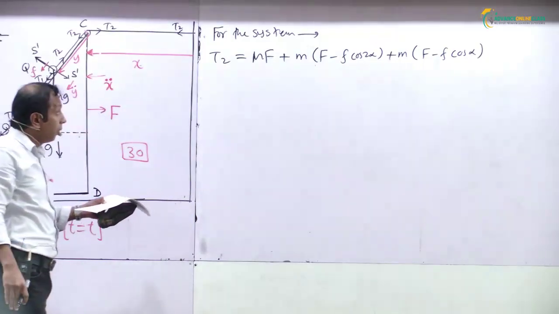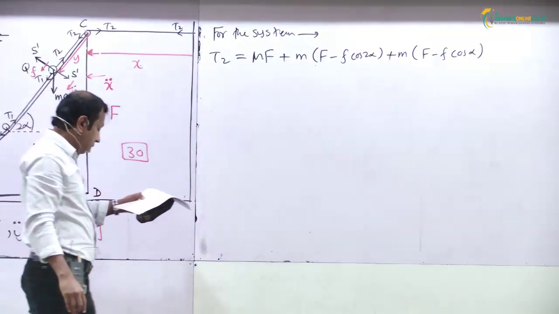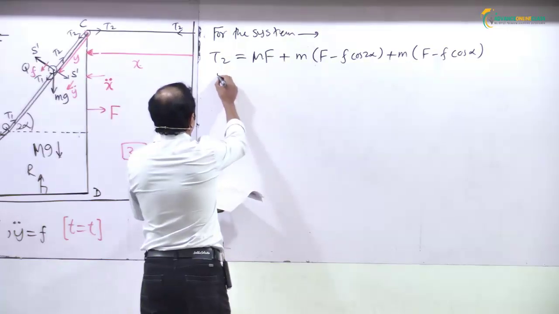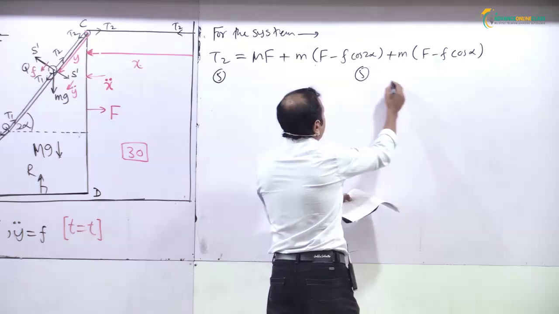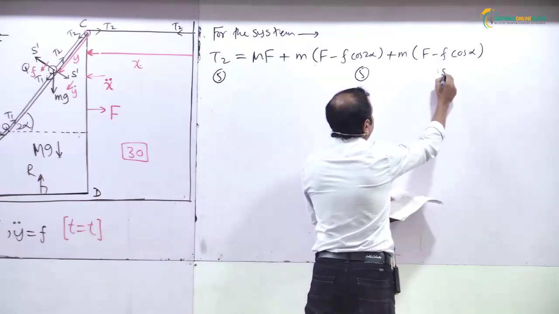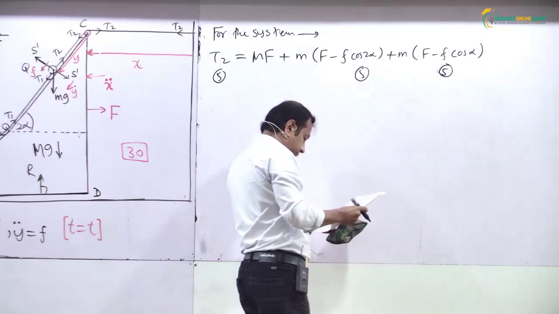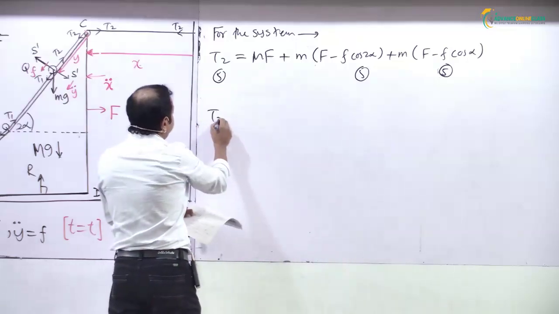Here you get 5 marks for this, 5 marks for this, 5 marks for this. For this whole equation, 15 marks come in.